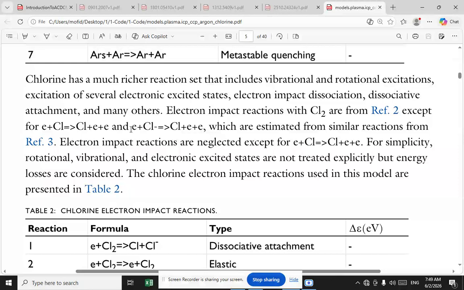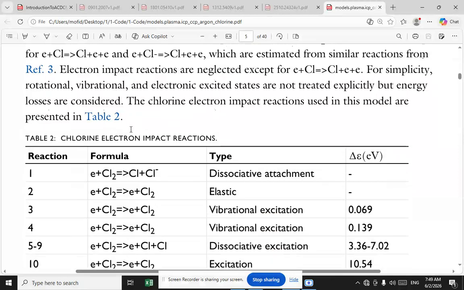Rotational, vibrational, and electronic excited states are not treated explicitly, but energy losses are considered. The chlorine electron impact reactions used in this model are presented in Table 2.